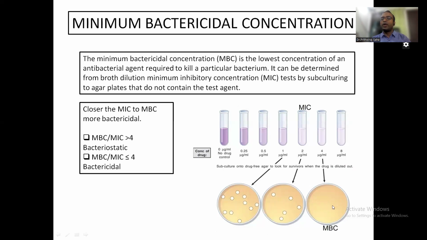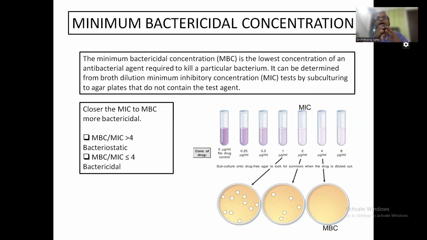If it is not growing after the clearance in the test tube, there is no visible growth, then it is MBC. So we are increasing the dose of the antibiotic and testing this. This is the MIC and this is the MBC of a drug for a particular strain of organism.